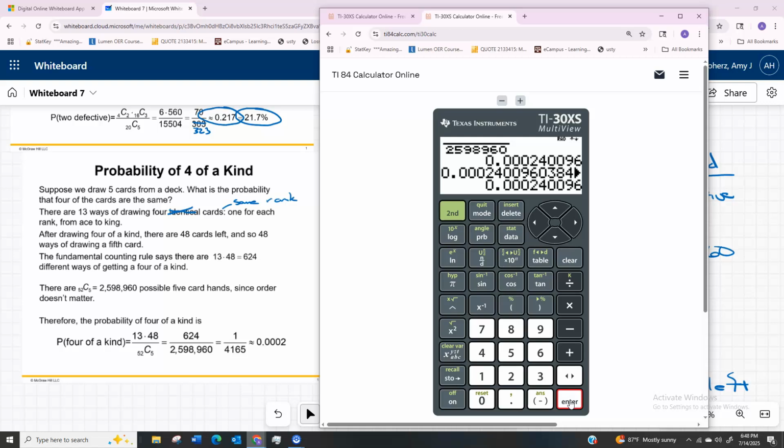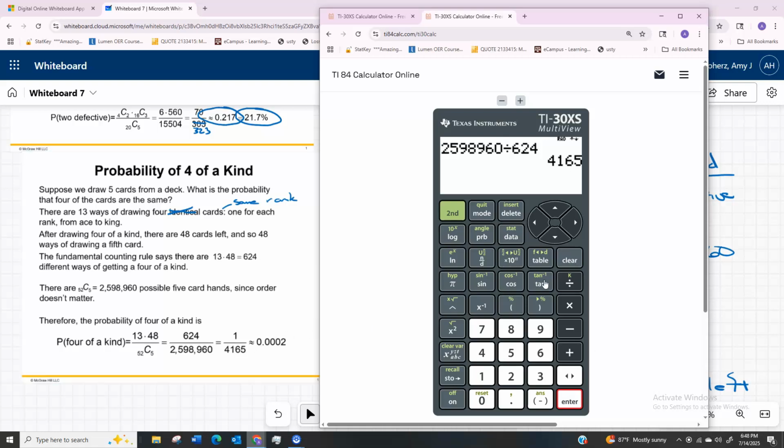So we'll just have to take the word of the textbook slides that it comes out to be, yes, 1 over 4,165. That's because 2,598,960 must be divisible by 624, which it is, 4,165 times.